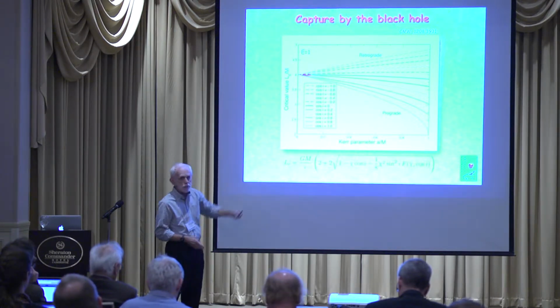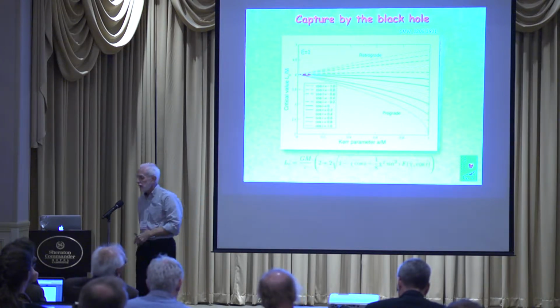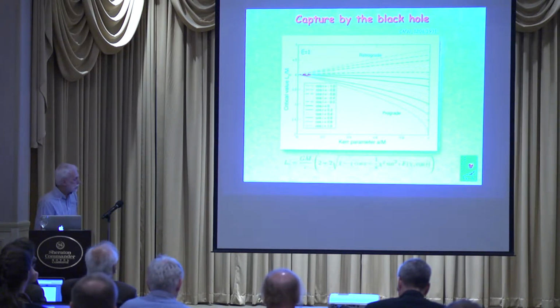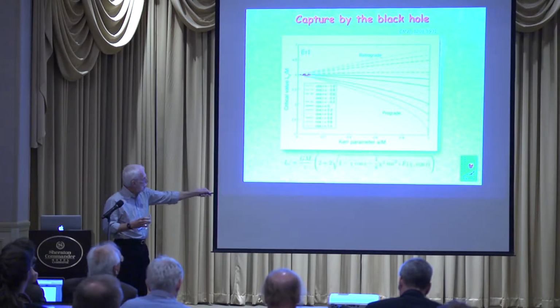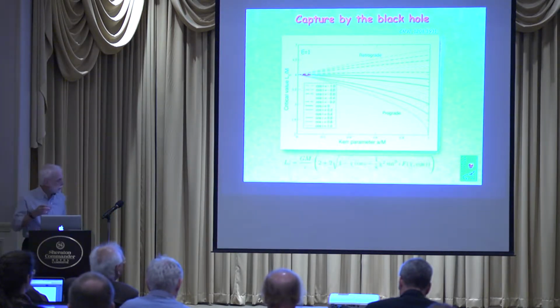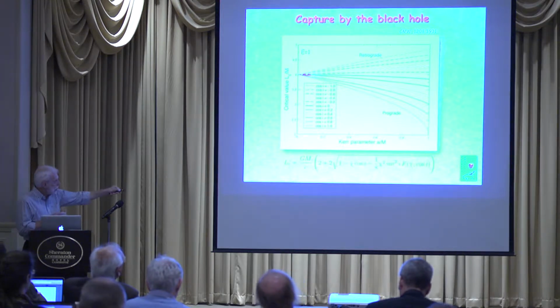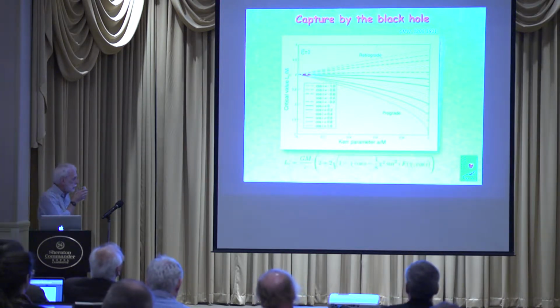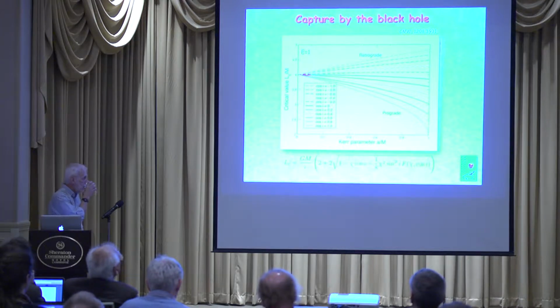Retrograde orbits get captured from much further away from the black hole. And this will have a strong impact on the final orbits. And in fact, you can write down a very good fit to these numerical solutions. There's an analytic formula that you can derive that gives an excellent fit for almost the entire range of the Kerr parameter, chi or a over M.